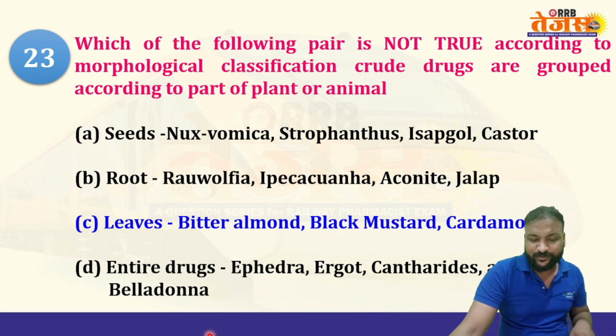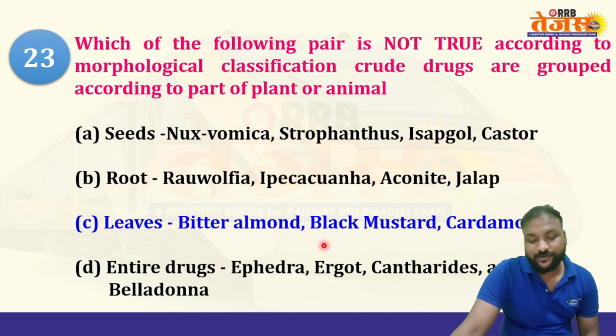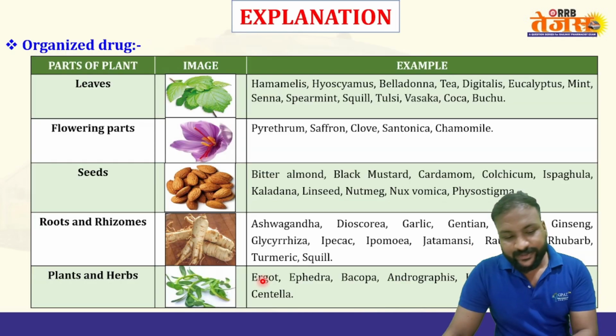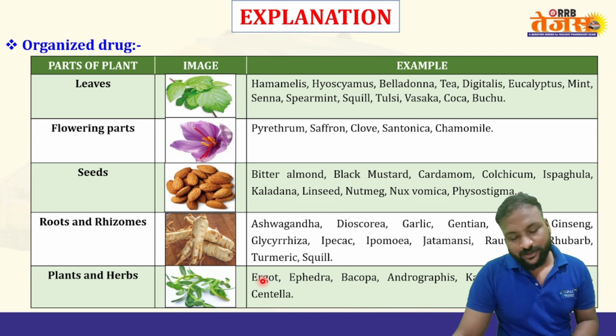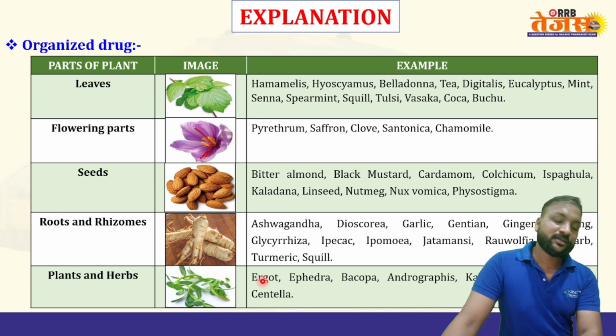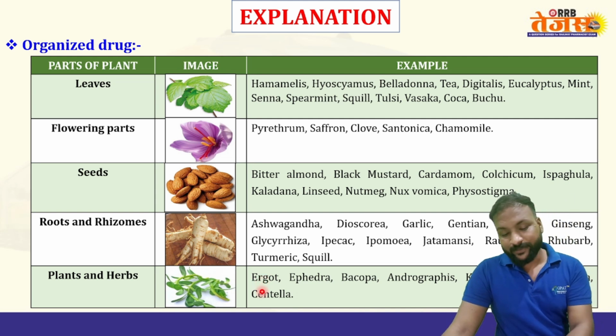This is how the questions will be. But here these are all wrong options. Cardamom is the wrong option, Petroleum is the wrong option, black mustard is the wrong option, because they are not leaves. It is the same tabular image which has a drug image as well as their function, their examples and their part.